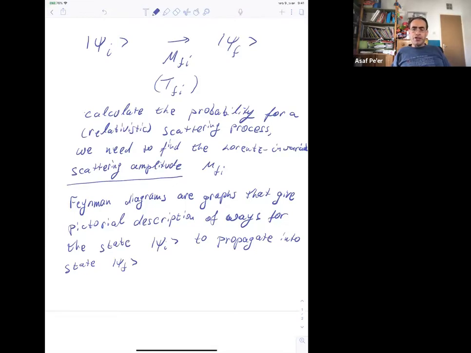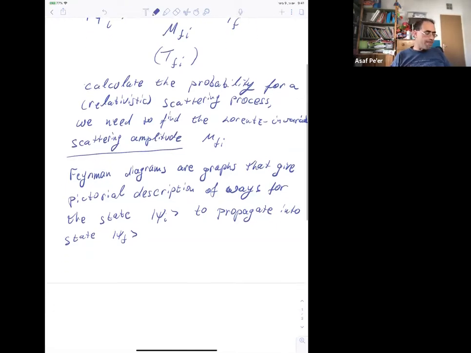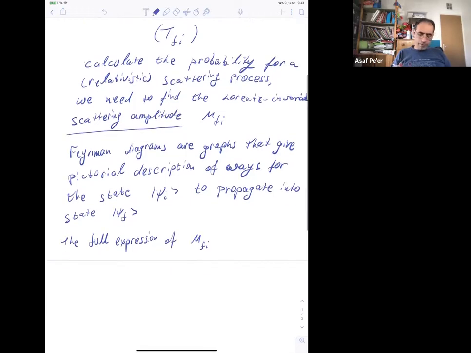Now, the full expression for this scattering amplitude, M or M_FI, is obtained using perturbation theory. Each diagram represents a contribution to the scattering amplitude, which essentially is translated into a complex number.